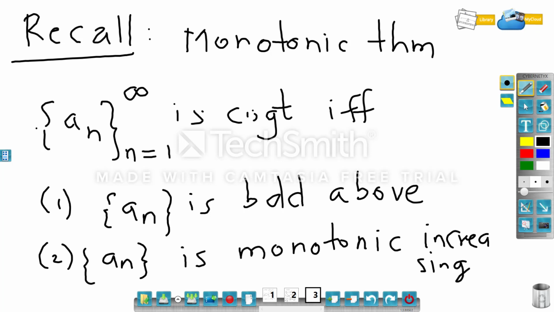So convergence can be replaced with the two following cases: your sequence should be bounded above and your sequence should be monotonic increasing.